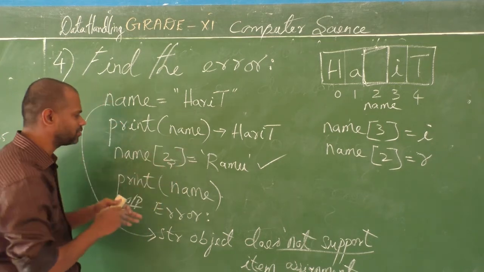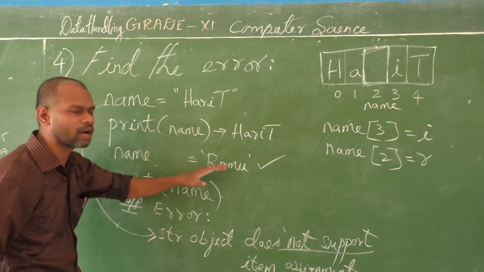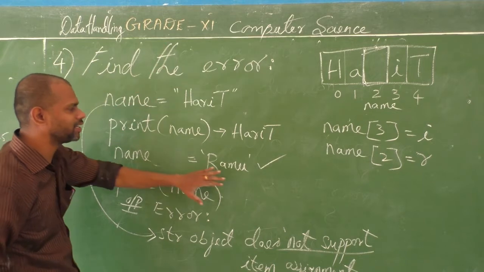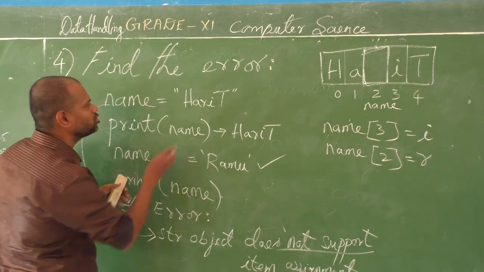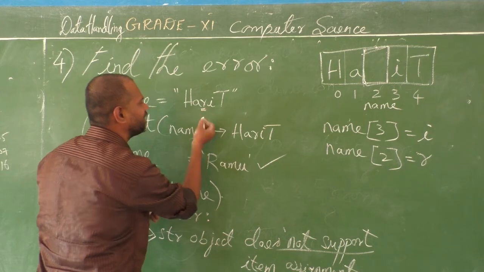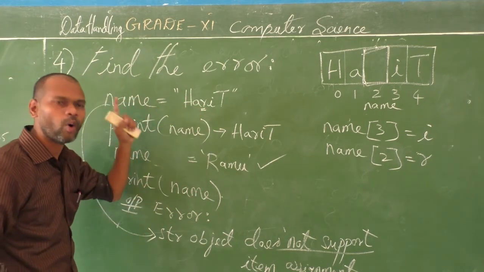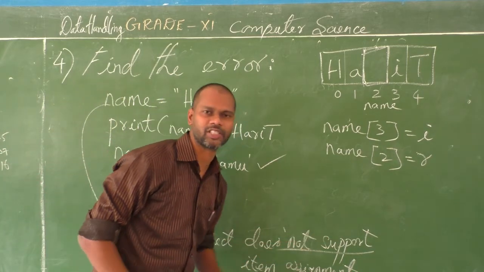Simply type name is equal to Ramu, and it will throw this name completely and receive a new name. But if you want to change a particular character inside the string, it will obviously throw an error. What error? The string object does not support item assignment.